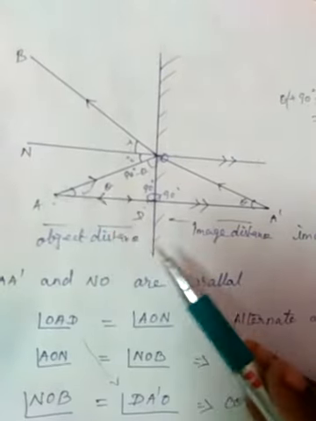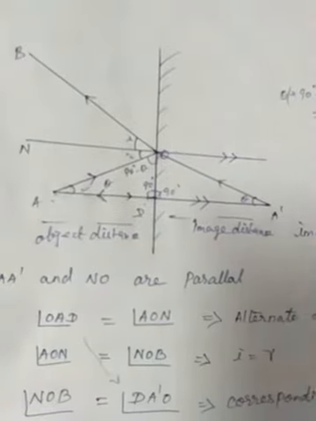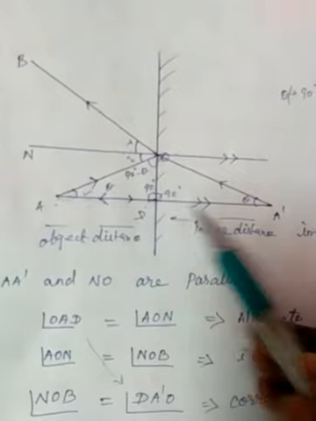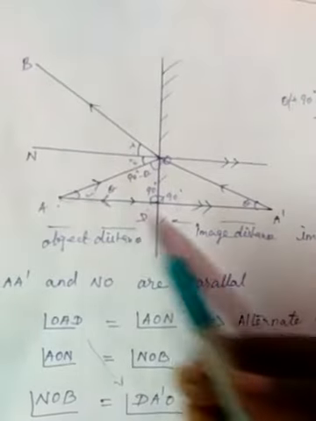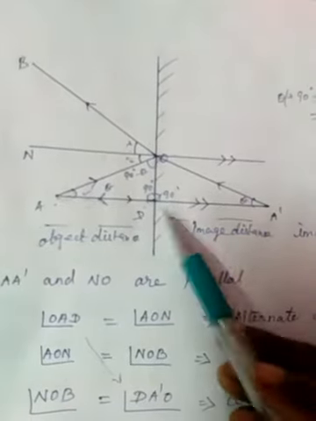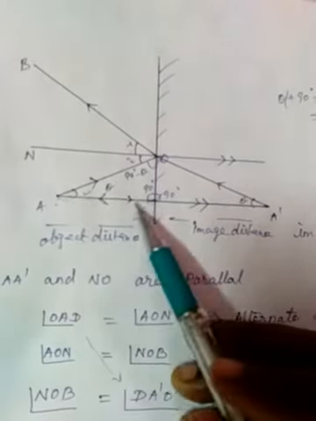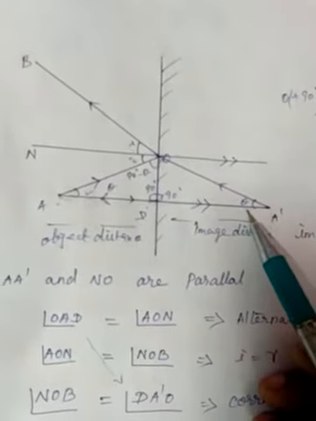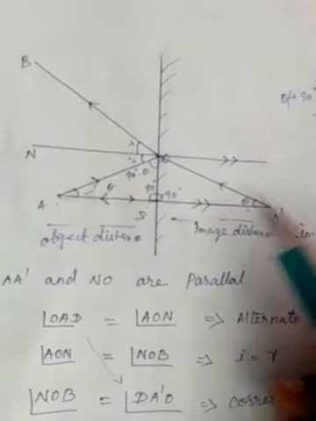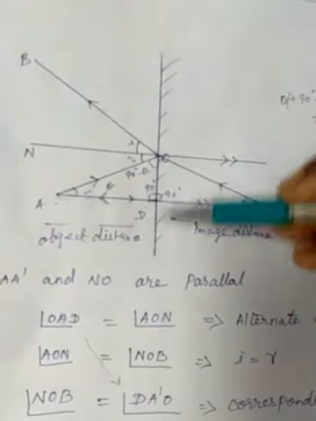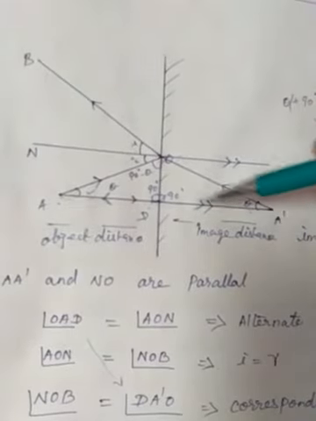Next, this incident ray, I will extend it some distance. Now you see that ON and AD are parallel. That's why I put two arrow marks.